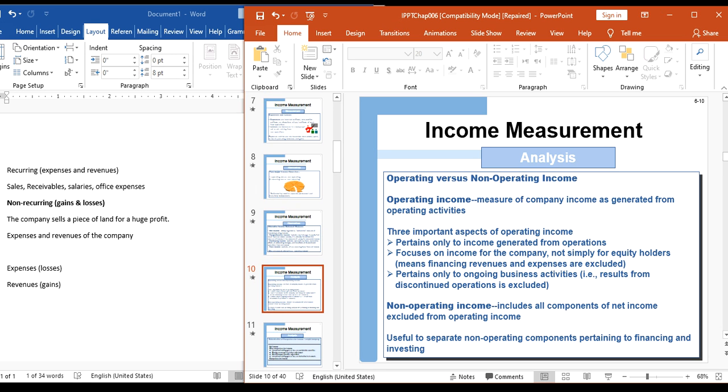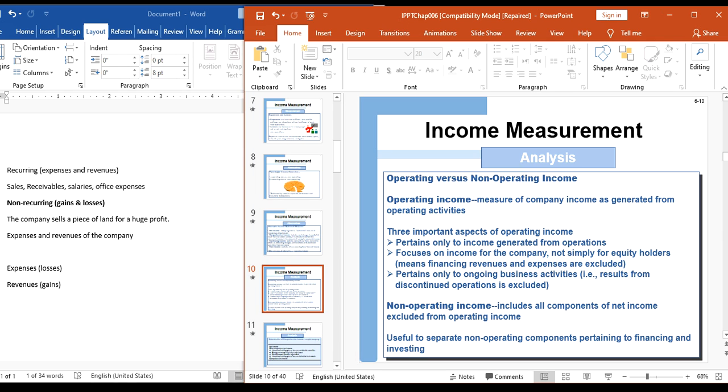So for the analysts, it is very important to differentiate between operating and non-operating incomes, and these are particularly important for financing and investing activities.